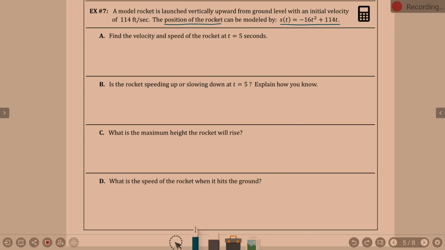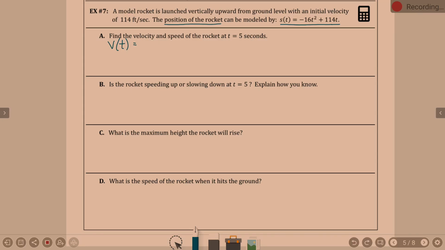So, what do we have to do? Well, s of t is position. Do we need to get 114t equals the rest of the equation? No. You're overthinking it.